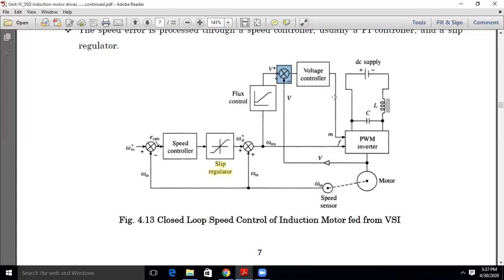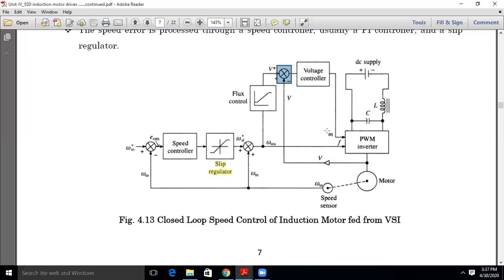Now this voltage error is processed through a voltage controller. This voltage controller will set up the magnitude of modulation index M, at which the converter needs to operate.